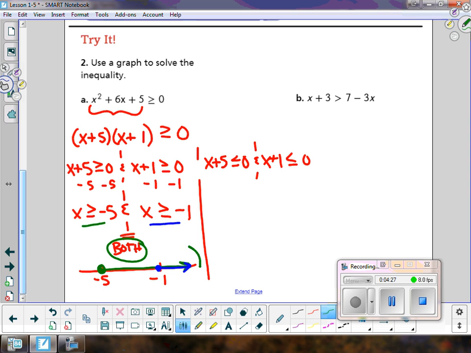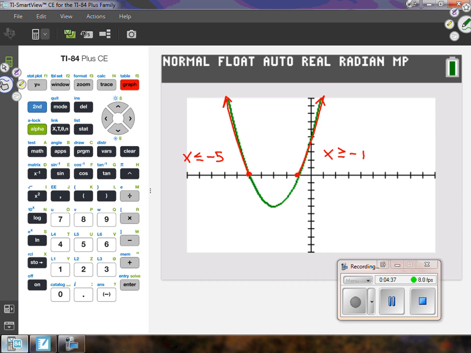And that is here, when x is greater than or equal to -1. That is the solution where both of these are true. That goes back to this. Greater than or equal to -1 was one half of the solution here.